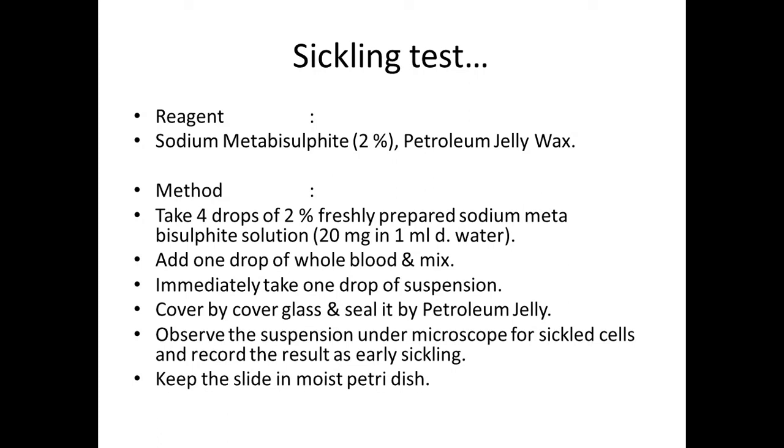We mix it and immediately take 1 drop of this suspension on a glass slide. It is covered with a cover glass and sealed from all the sides with petroleum jelly. Now we observe this under the microscope. So this suspension of 2% sodium metabisulfite and whole blood we see under the microscope.